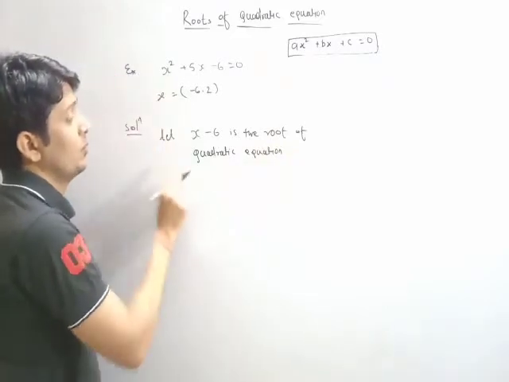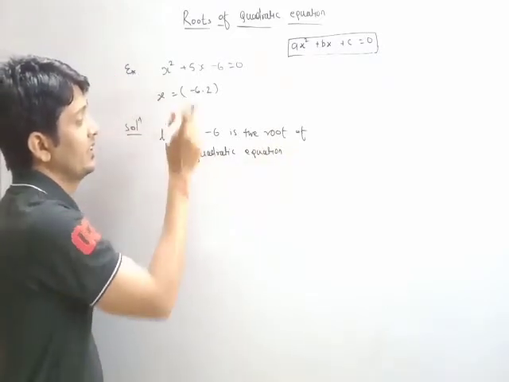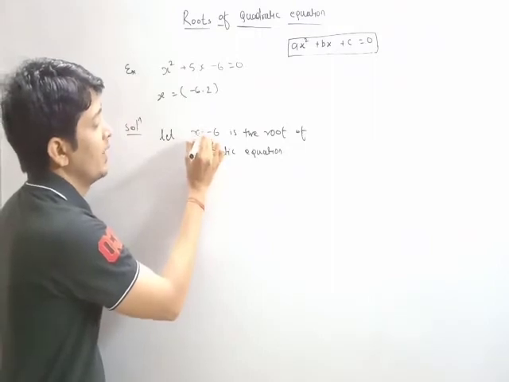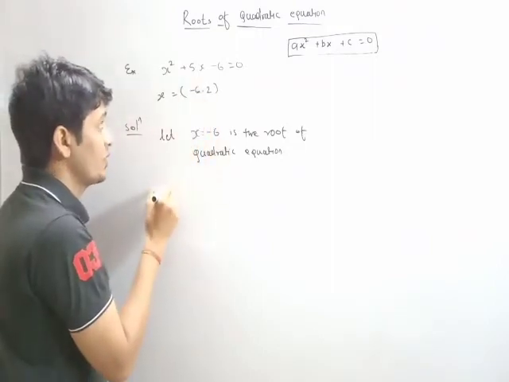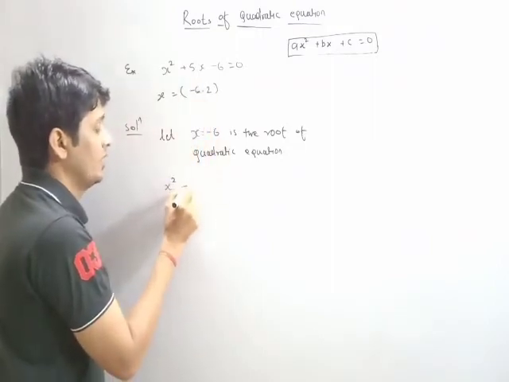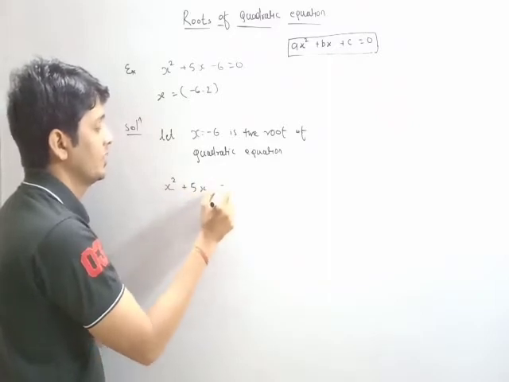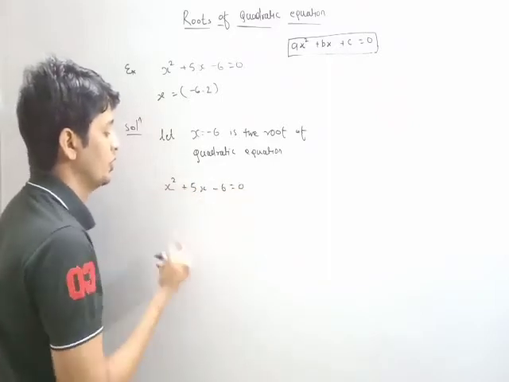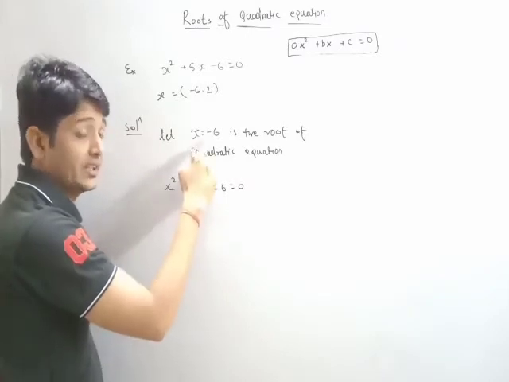So we put x equals minus 6 in the equation x square plus 5x minus 6 equals 0. What is x? It is minus 6.